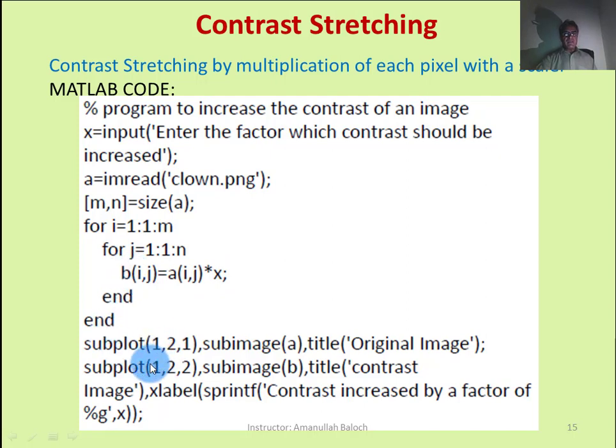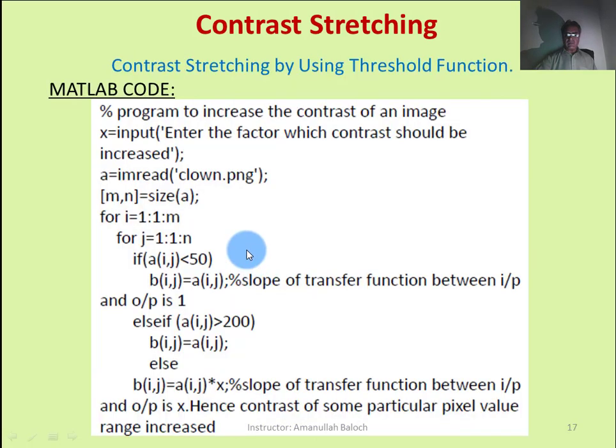Then we display the original image in a subplot grid of one row and two columns, in the first location, and in the second location we display the enhanced image. The output of this program can be seen here.